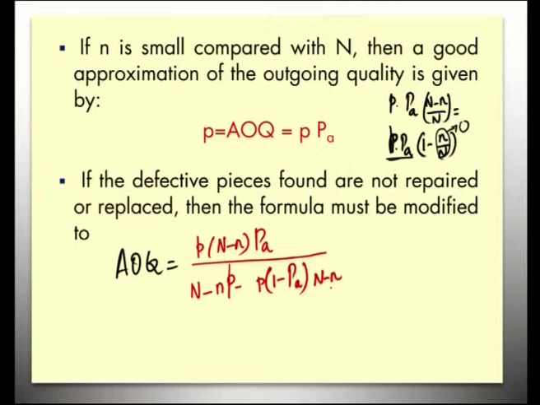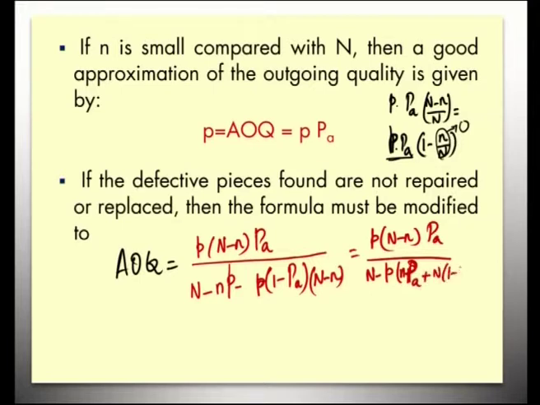They have to be removed, and the formula becomes small p (N minus n) PA divided by, after cancelling what can be cancelled, capital N minus P into n PA plus capital N into (1 minus PA).